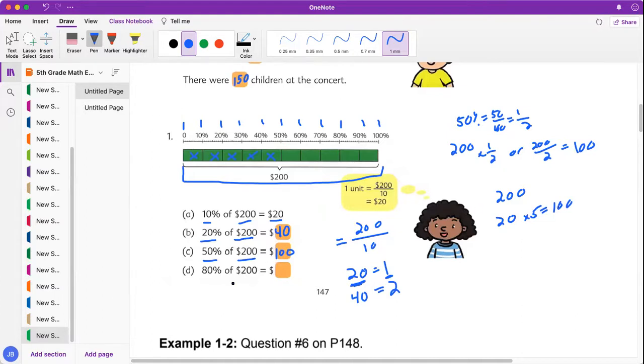So for 80%, we have 2 ways to do it. We can come up here and do 20 times our 8. We should get about 160. Or what we can do is do our 200 times 80 over 100. And our zeros cancel, and we still get 160.